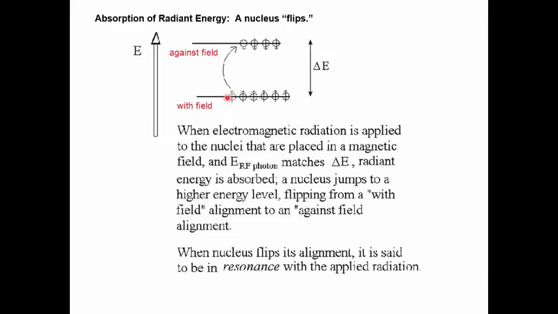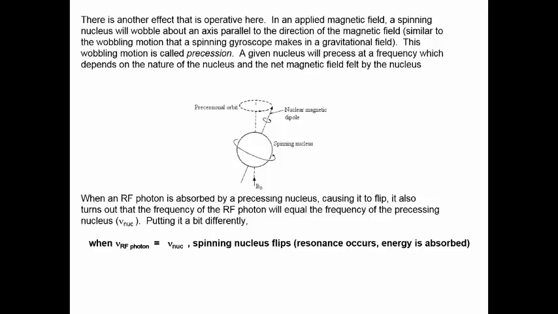The nucleus virtually flips from one alignment to the other. When the nucleus flips its alignment, it's said to be in resonance with the applied RF radiation.